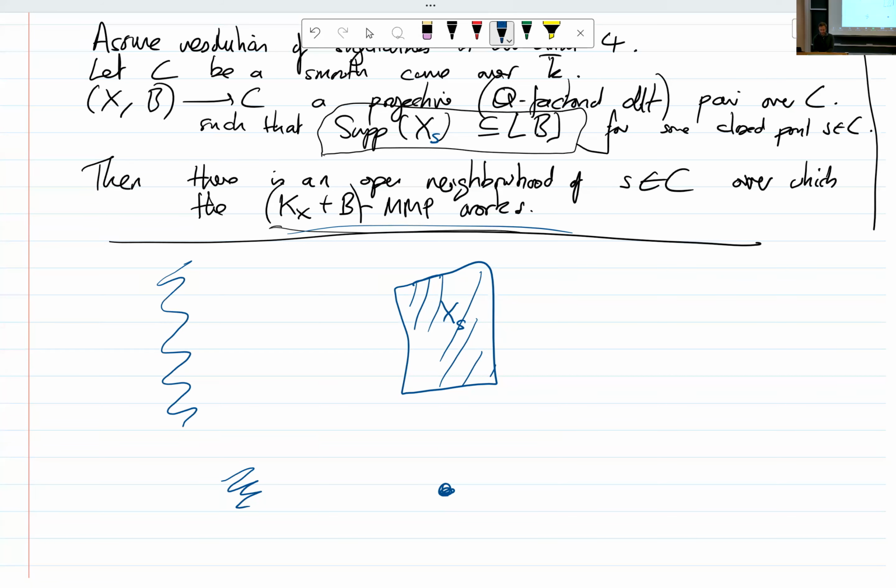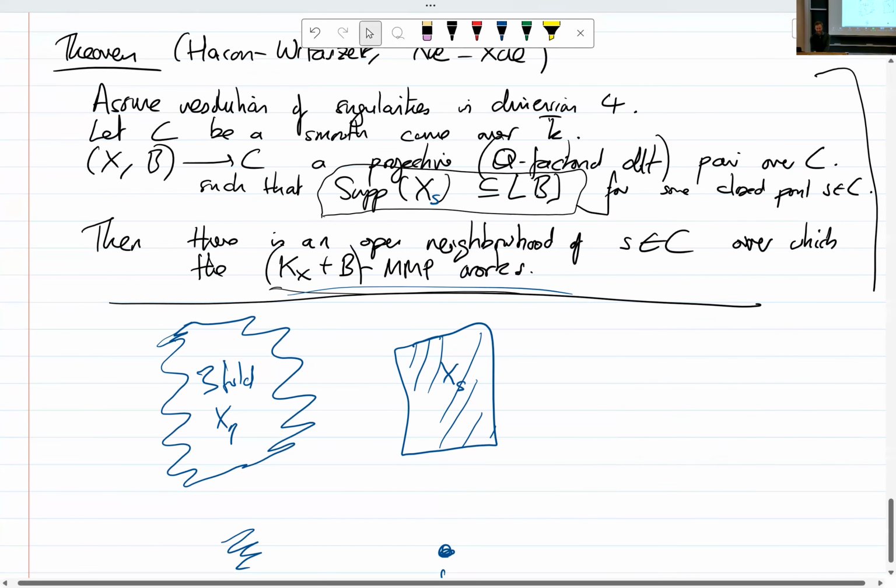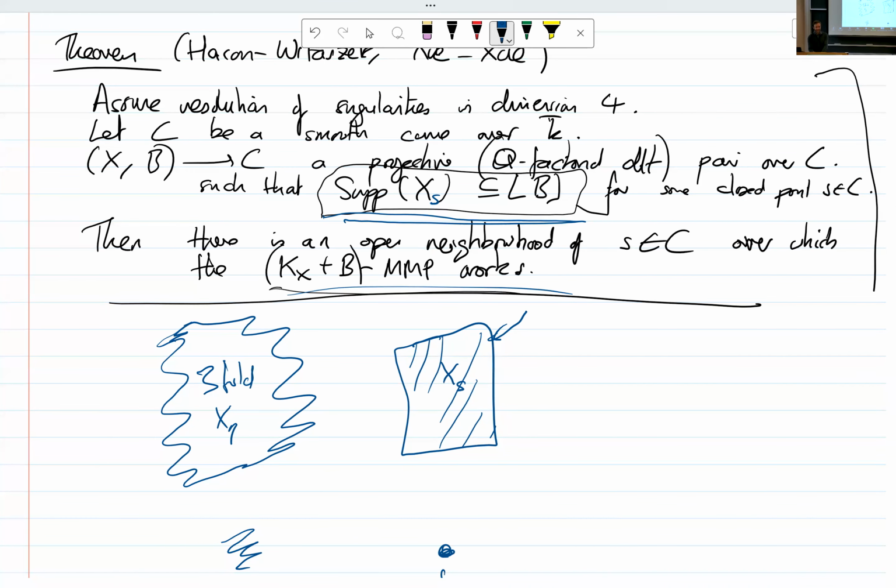Okay, so you have a generic fiber, which is a threefold, X eta, and a threefold X_S, which look like surfaces, but they're threefolds. Okay, and well then, using this assumption, I'm going to just assume for simplicity that this is irreducible. It may not be in the theorem, but just for simplicity, assume it is.